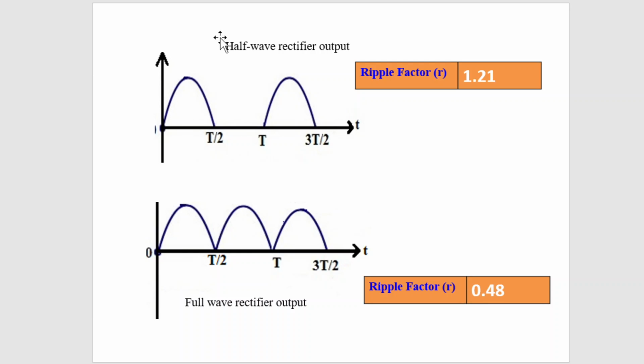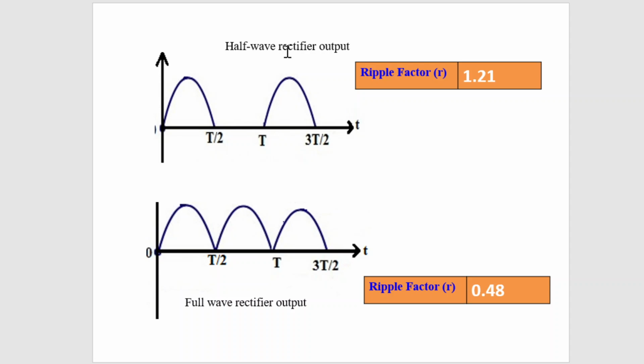One important parameter we have discussed to measure how much AC part is contained in a rectifier's output is the ripple factor. We have calculated for the half wave rectifier that the ripple factor is equal to 1.21, or in percentage, 121%. Similarly for the full wave rectifier, we rectify the full signal, whereas here we rectify only the half signal.